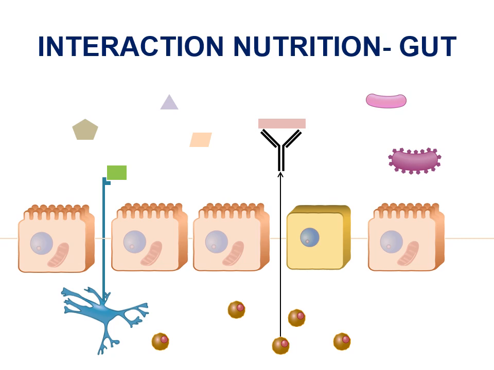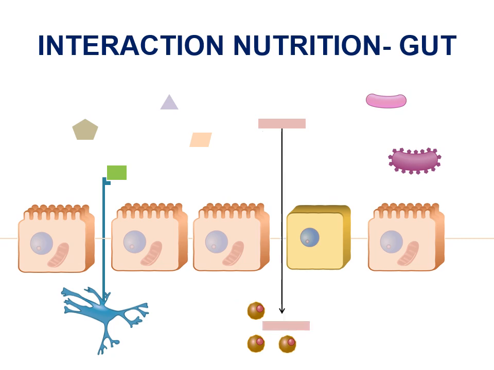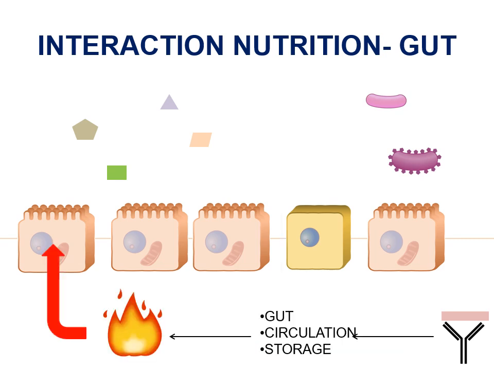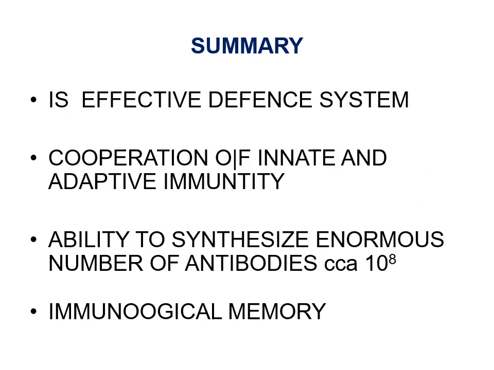Once those antibodies go through, they activate the immune system, and the activated immune system causes inflammation, and the inflammation in the gut affects the gut itself, the circulation, and the storage of the digested parts.